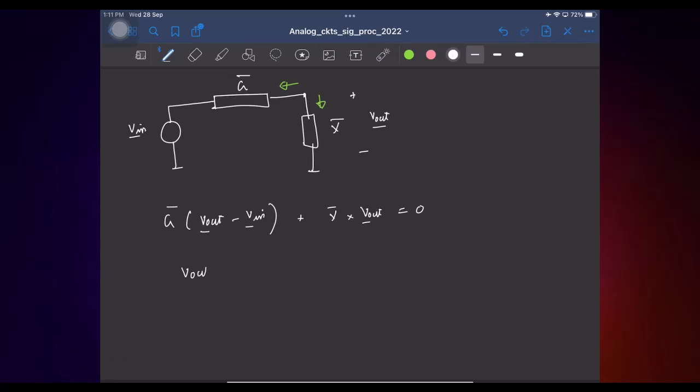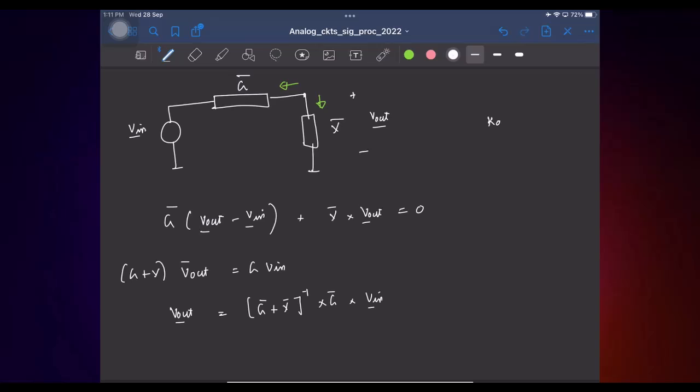V out is basically G plus Y inverse times G times V in. So this will directly give all the harmonic transfer functions you want, and again it depends on what value of k naught you choose.